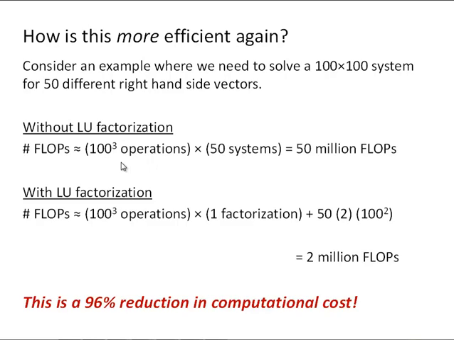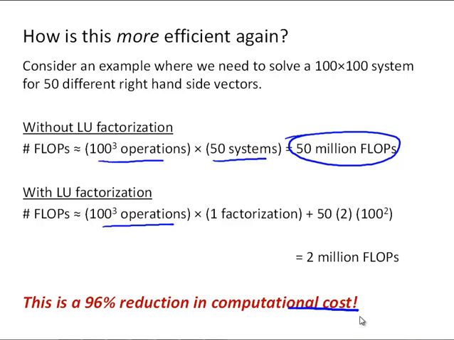So we have 100 cubed operations times 50 systems. That's going to be about 50 million flops. If we use LU factorization, then we're going to have those 100 cubed operations, but we're only going to do it once because we only have one factorization.